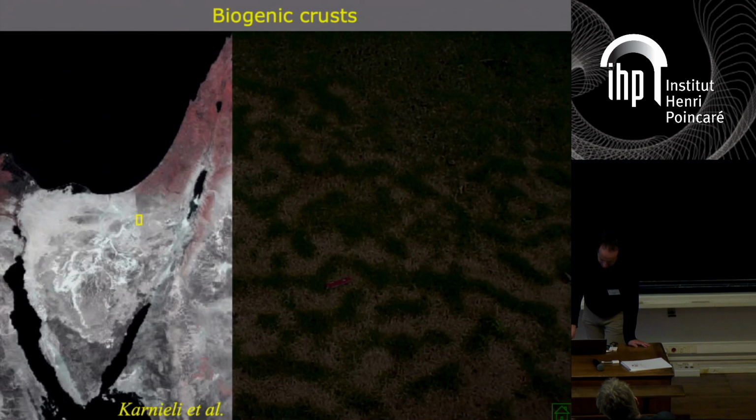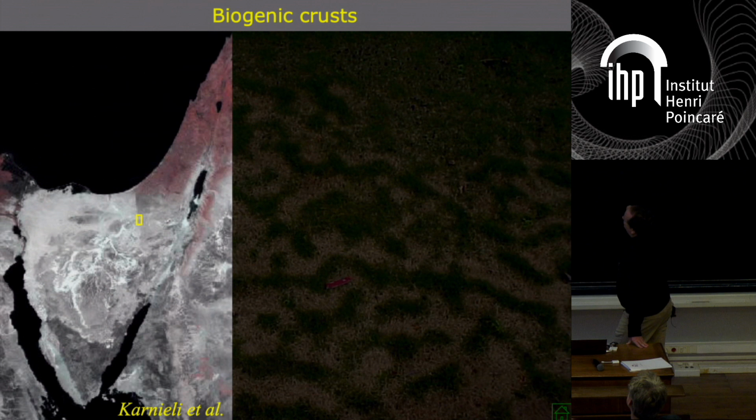So I made the example of the cyanobacteria. Well, this is quite a striking satellite image of the Sinai and of Israel. What you can see in this image, which is quite fun, is that you can recognize a political border between the Sinai and Israel, and since this is a satellite picture, this is quite unusual.